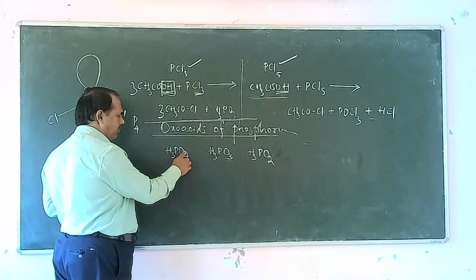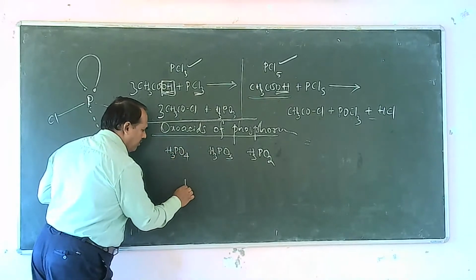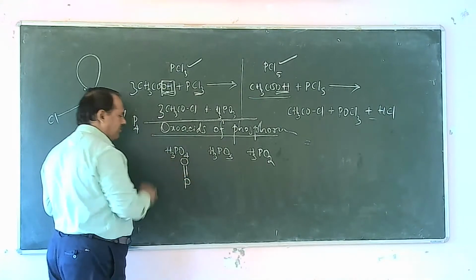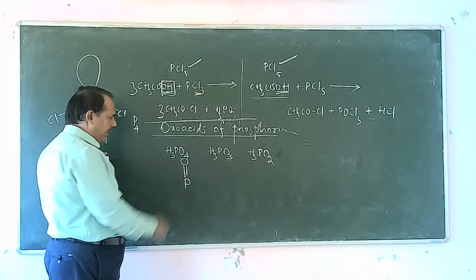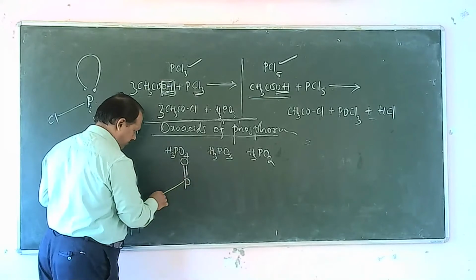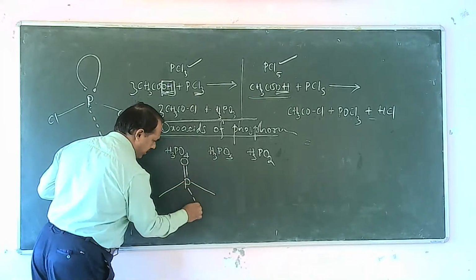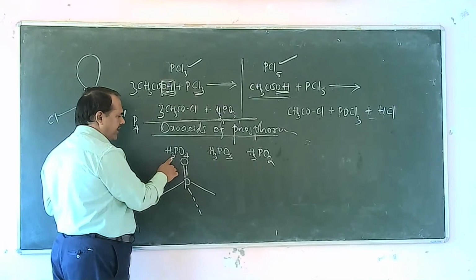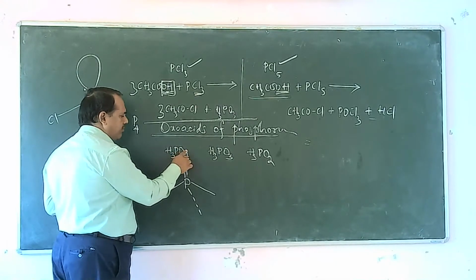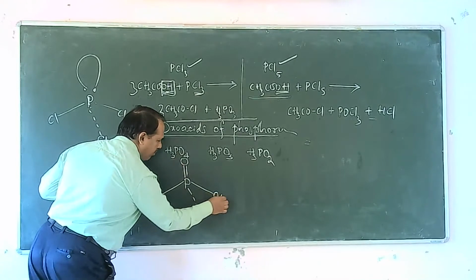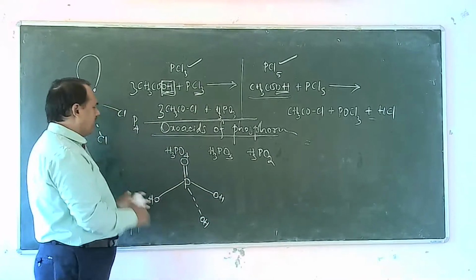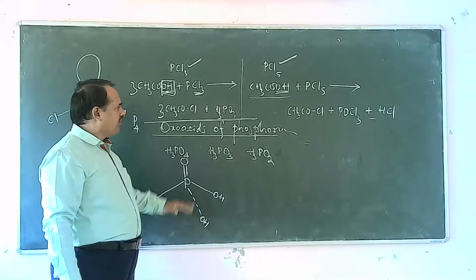So you go for its structure and the chemistry of the remainder. See, I am going to write its structure, you can easily remember. One phosphorus atom is always double bonded to oxygen, and all show a tetrahedral structure. So, how many hydrogen atoms are free? How many oxygen atoms? It is 3 OH, tetrahedral.